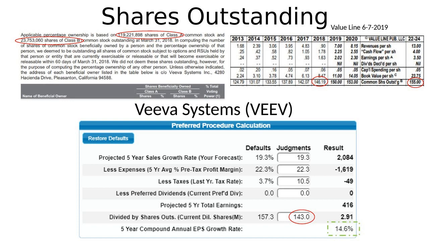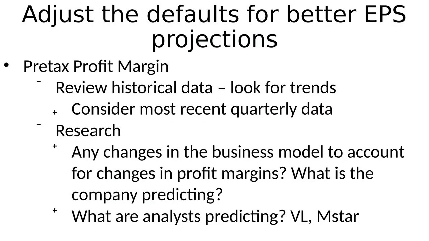So it's projecting 155. It doesn't give a 5 year projection for this, but 2 years. So we can change this to 155. We could do that, and we change it right there for our judgment.